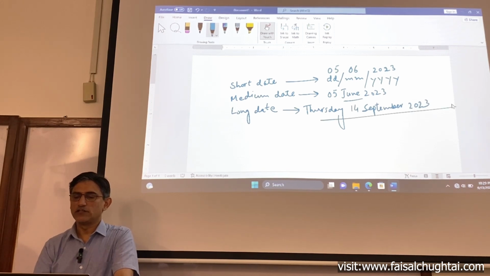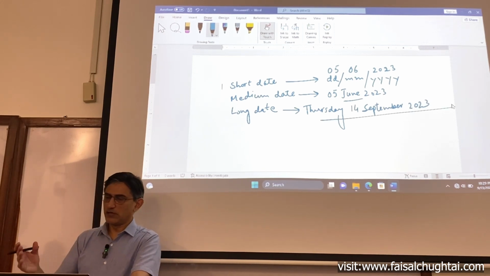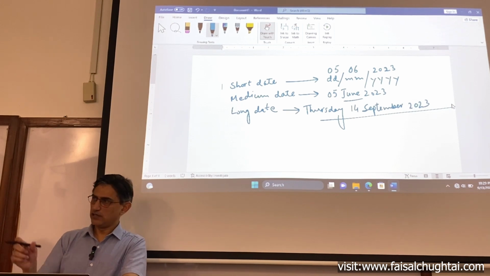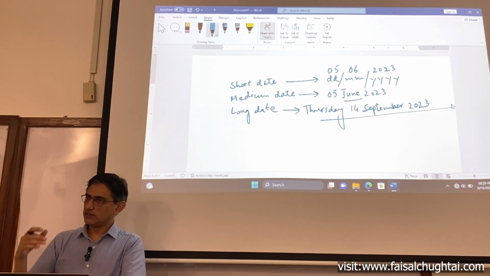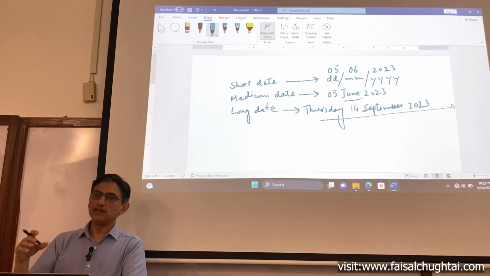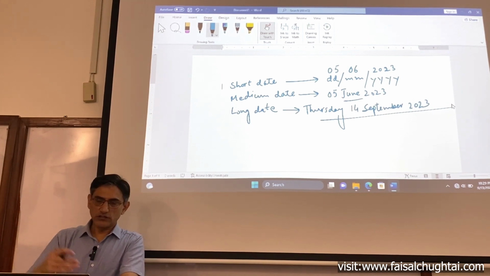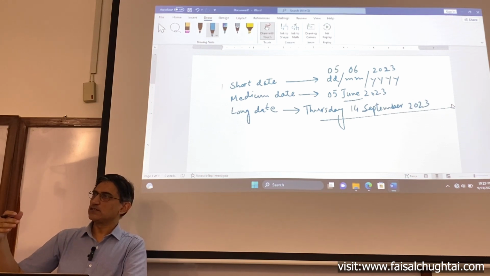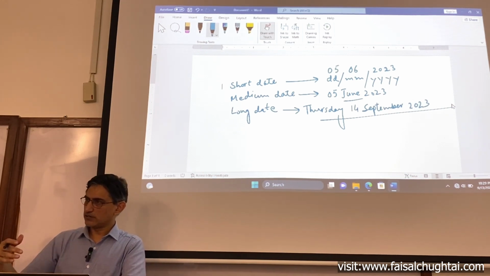Now this is a long date where you mention the day in complete form, as a word, then you mention it in numeric form, then the full form of month, and then the 4 digit year. So these are short, medium, and long date formats.